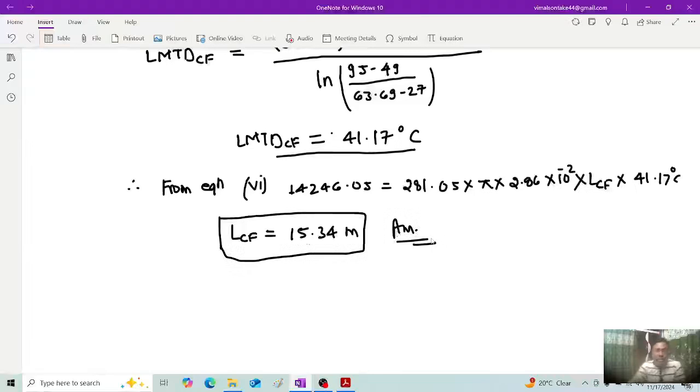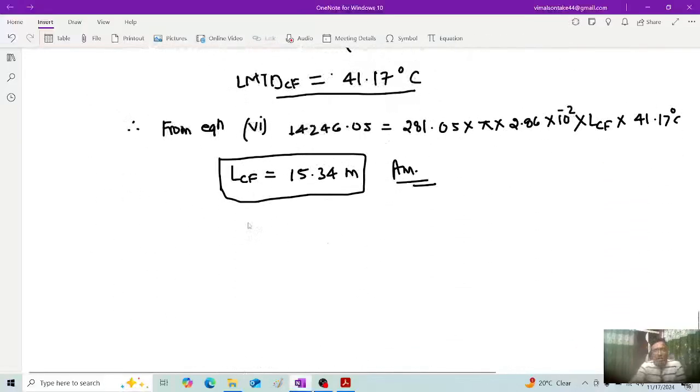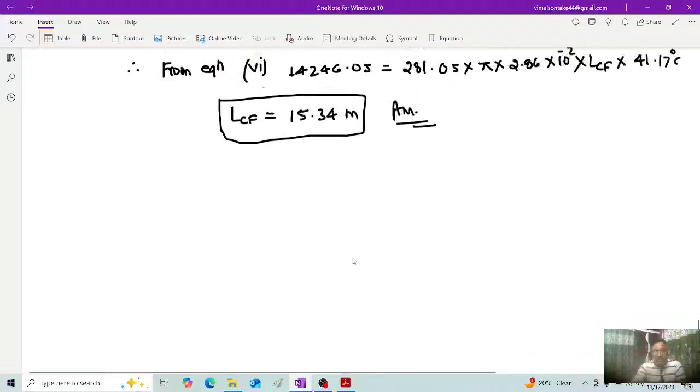So the length of heat exchanger employing counter flow is 15.34 meter and length of heat exchanger employing parallel flow is 18.16 meter. That means everything remains same, just by employing the counter flow arrangement of flow, the size, the length and hence area and hence size of the heat exchanger can be reduced.